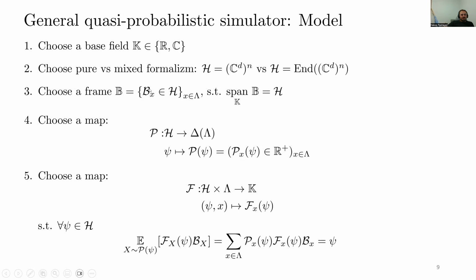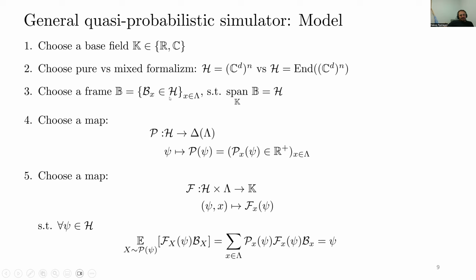And in addition, we have to choose something called a frame, which you could think of as an overcomplete basis. I'm going to denote the set of frames by this mathbb B, and the elements by the mathcal Bs.